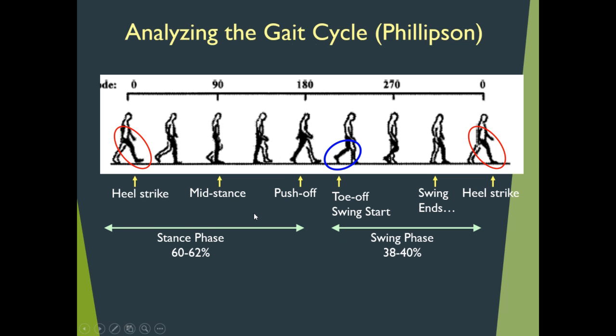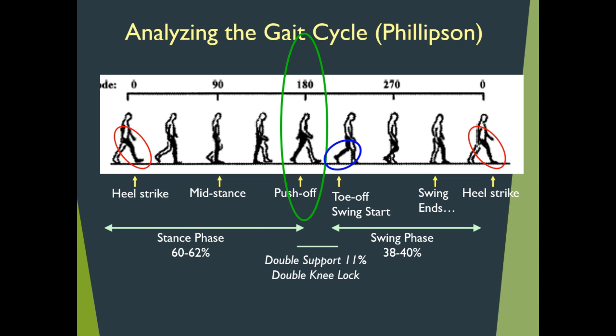In the middle, right as push-off happens, we have to take note of an event called the double support, double knee lock phase. Clearly, this considers the other leg as well, but for the benefit of the Philipson gait cycle, we are confining ourselves to these limited events.